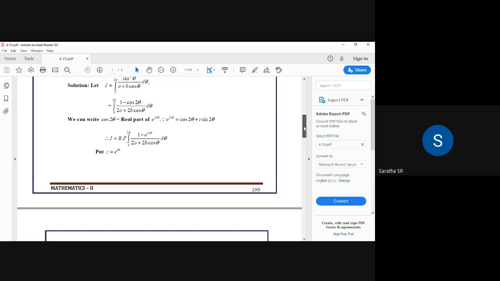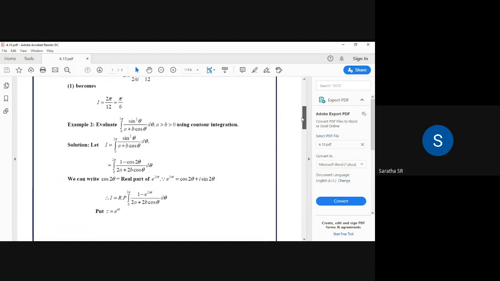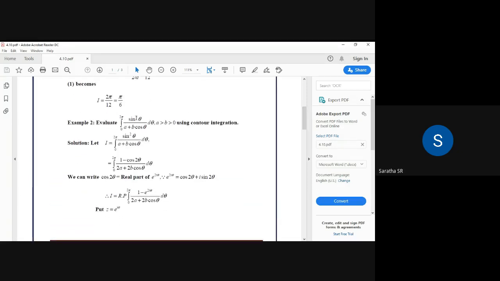Okay, I will explain as a summary. Someone asked, so what first? We are converting this trigonometrical term into the complex number. That is our aim. If we convert in terms of complex, then only we can apply the Cauchy residue theorem. Because of that reason, we are converting this trigonometrical term into complex numbers.